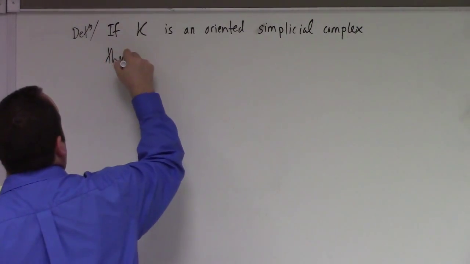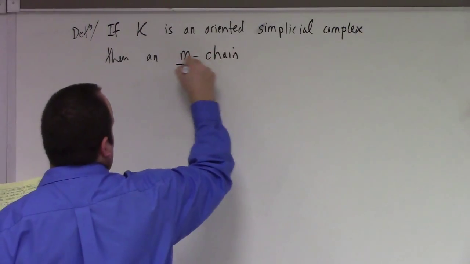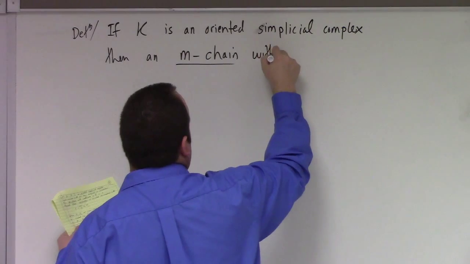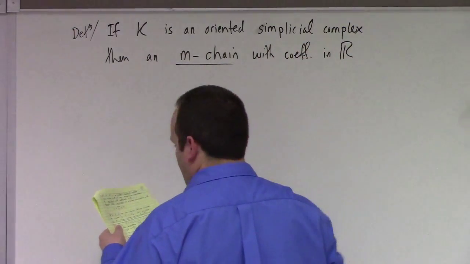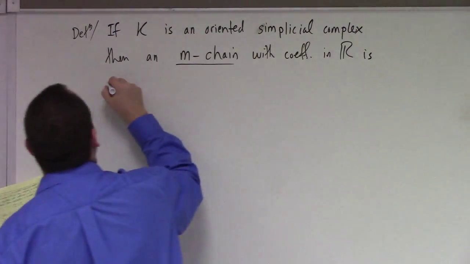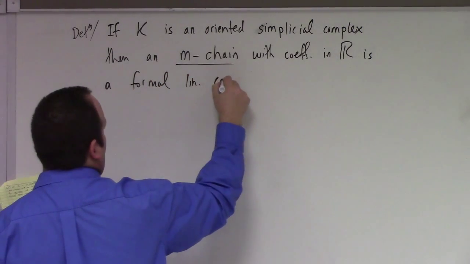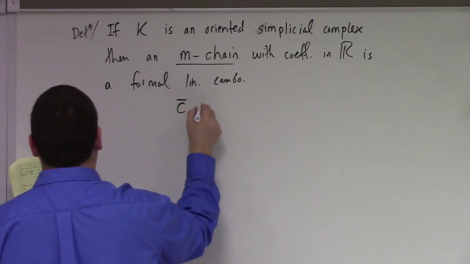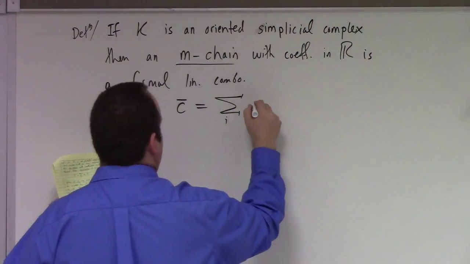Then an M chain with coefficients in R is a formal linear combination, and here it's denoted C bar is equal to a sum over I of A sub I.